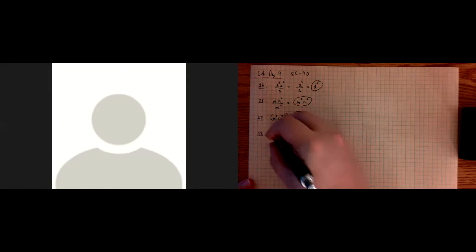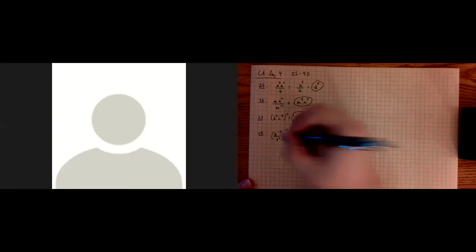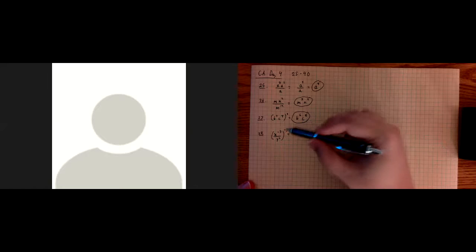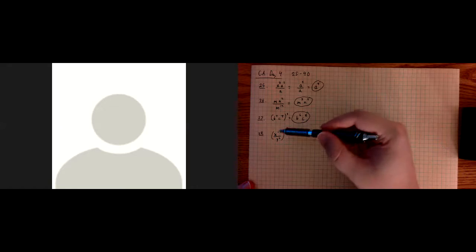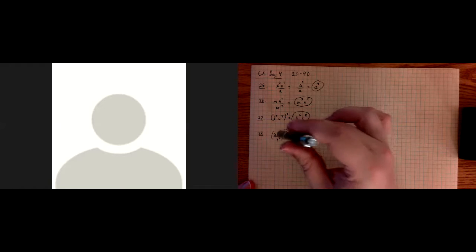28, we got x to the negative 3 over y squared, all to the negative 5th. For these kinds of problems, do note that I did this one in class, but you can choose to do it multiple ways. You can choose to simplify the negative 3 inside first.